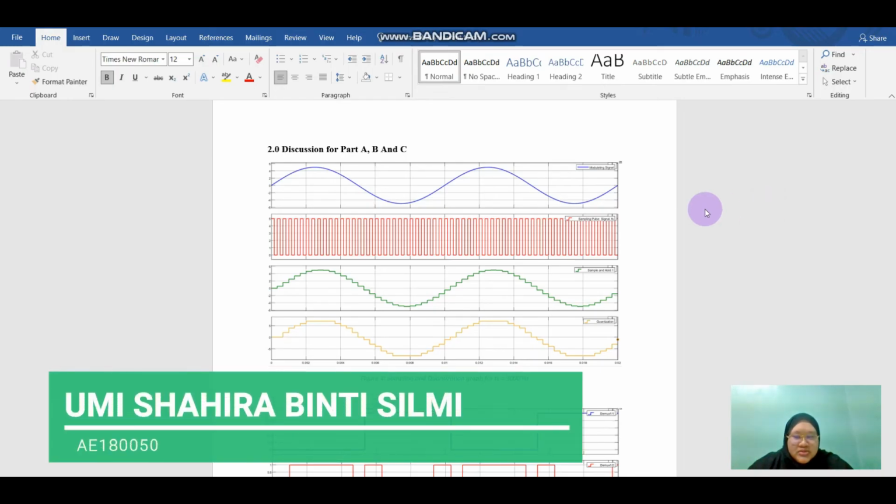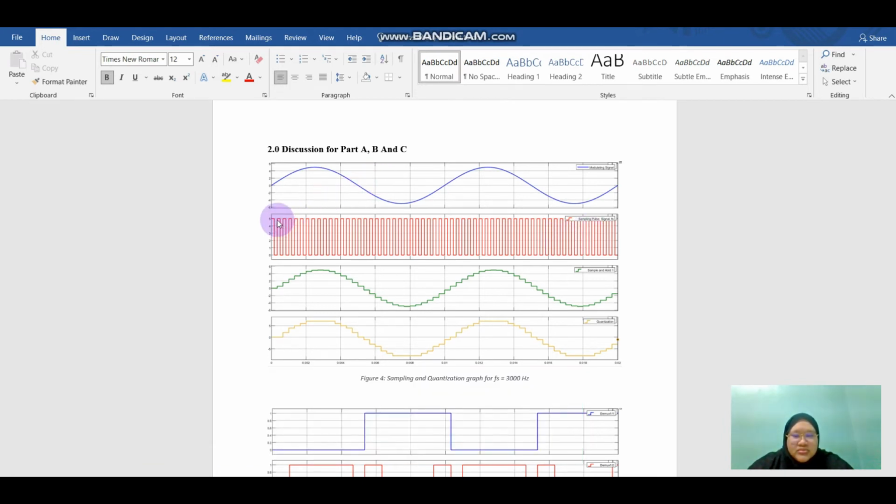Okay, so for the discussion of parts A, B, and C, after we have run and analyzed different sampling frequencies for different scenarios, we see that the higher the sampling frequency, the more accurate the waveform.